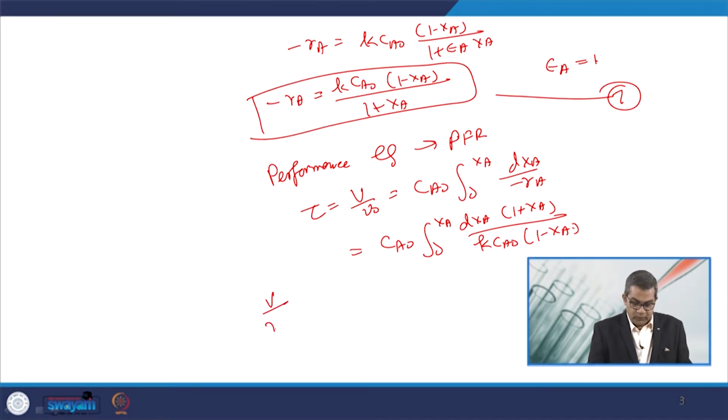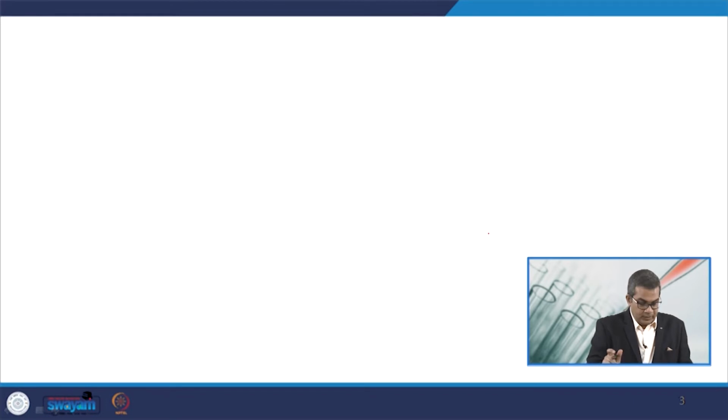So V upon V naught, that is equal to tau, is equal to integral 0 to XA of (1 plus XA) upon k (1 minus XA) dXA. So tau is equal to V upon V naught, that is equal to 1 upon k integral 0 to XA of (1 plus XA) upon (1 minus XA) dXA.